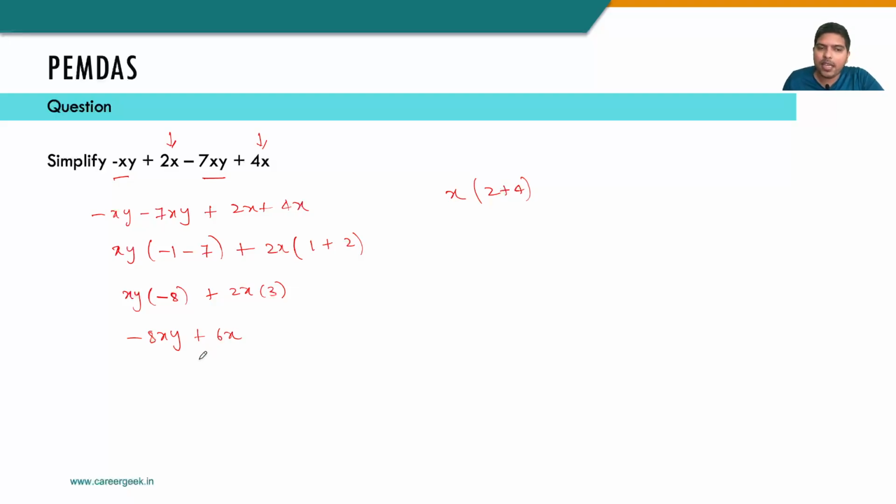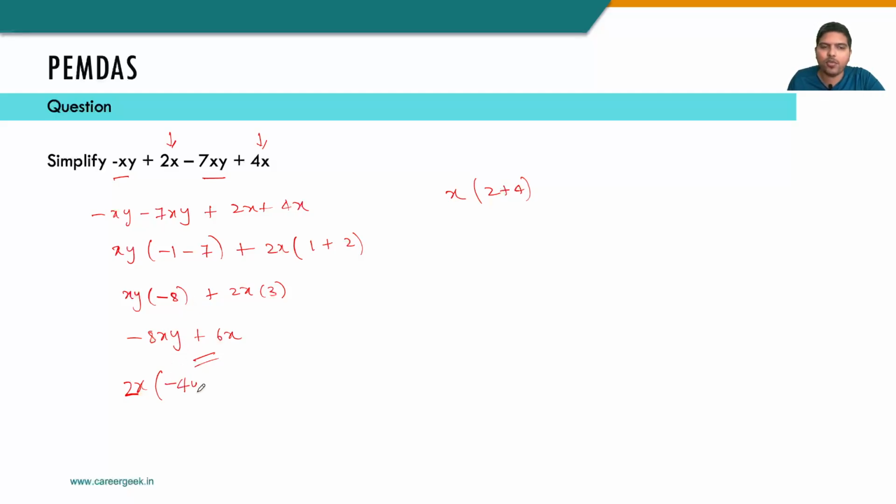The option can be either like this, or they will further take the common terms. As you can see, there is a common term which is x, and there is a common constant which is 2. Both are even, so I can take a 2 common. Now what remains? From negative 8xy, y remains, and from 8, if we remove 2, you have a 4 remaining.